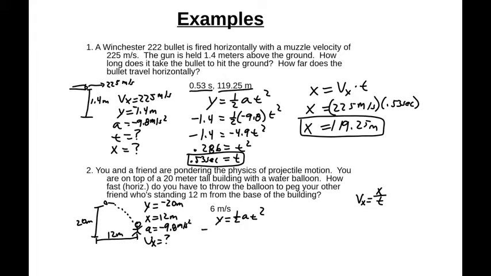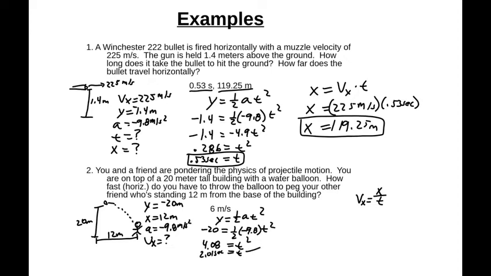So y is negative 20, equals 1/2 times negative 9.8 times t squared. So due to space, I'm just going to say t squared is 4.08. Take the square root of that, and I get t is 2.01 seconds.